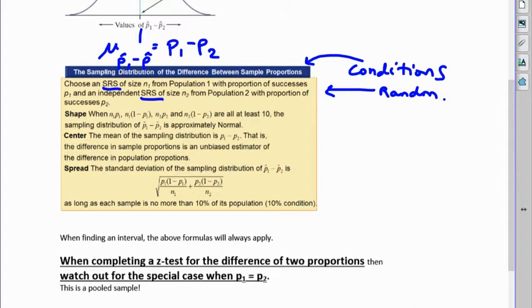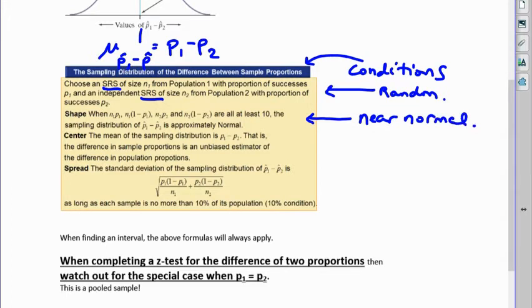And remember, violations of randomness don't necessarily mean that you're unable to do inference. It just means that you have to think about what population you're really getting answers for, if you're even getting answers for a population, or maybe it's just the group that you studied. Then we're going to need to know the shape, so that's checking if it's nearly normal.